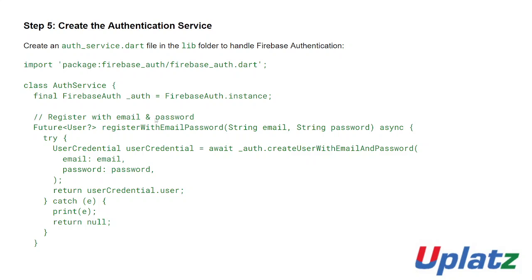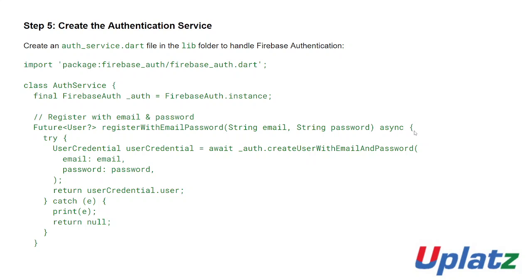Register with email and password. Future of User nullable. User may be nullable, you can return null also. So Future<User?> registerWithEmailPassword, String email, email is of type String, and String password of type String. Async, so we shall use await.